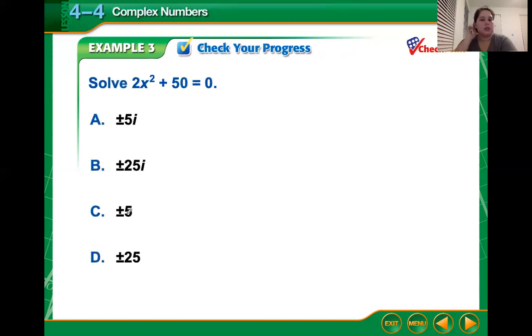All right, so go ahead and try this one. 2x squared plus 50 equals 0. All right, so let's go ahead and work this one out. The first thing we're going to do is subtract 50 from both sides so that we get 2x squared equals -50. Next, we're going to divide by 2 so that we have x squared equals -25.